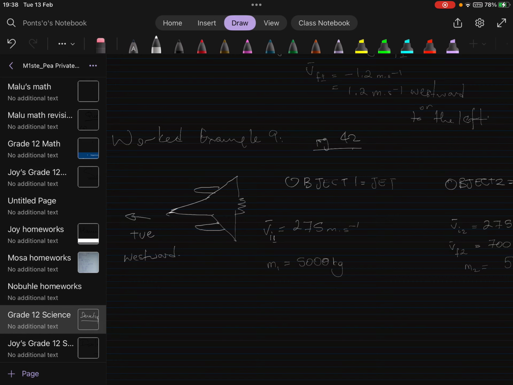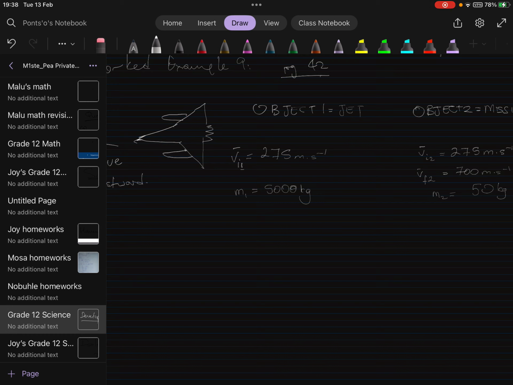So now, we can proceed to write our conservation of momentum formula, which tells us that the initial total momentum of the system equals the final total momentum. And the initial total momentum is the sum of the momentum of object 1 and object 2.